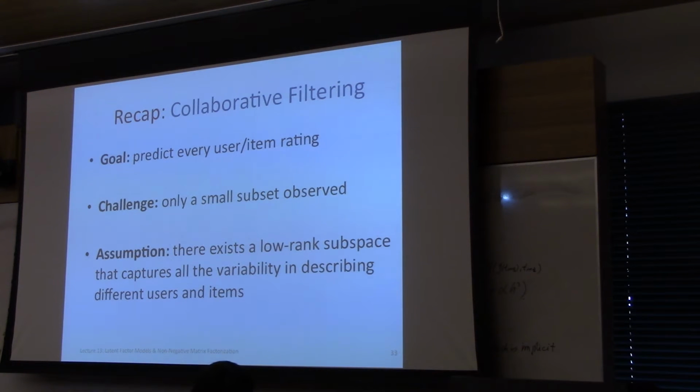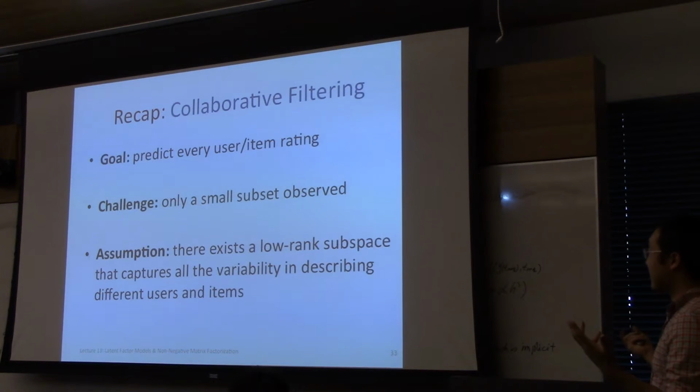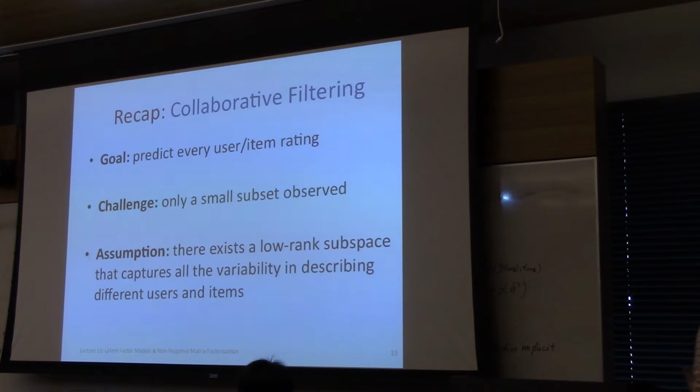But okay, so just a recap of collaborative filtering. The goal is you're given this matrix of user item ratings, most of which is missing. And the goal is to learn a model that can predict the missing entries. The latent factor approach does this by making the assumption that there exists a low-rank subspace or a low-rank manifold that captures the variability of describing different users and items.